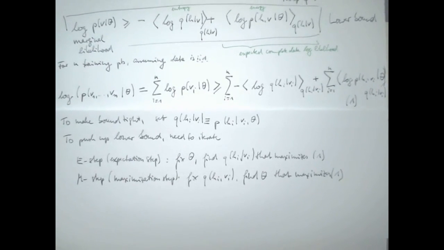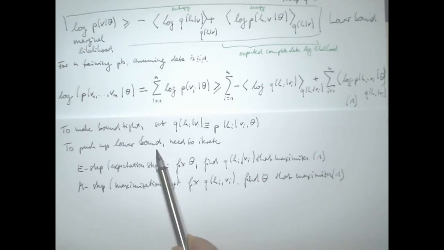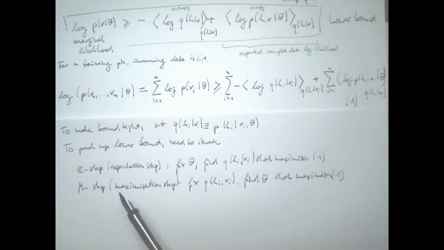So far we've shown that we push up the lower bound, but we have not proven that this really increases the marginal likelihood also. And that is a second important property that we need.